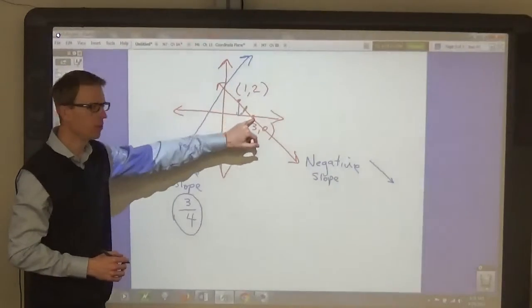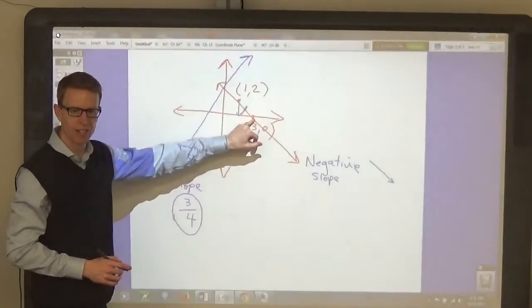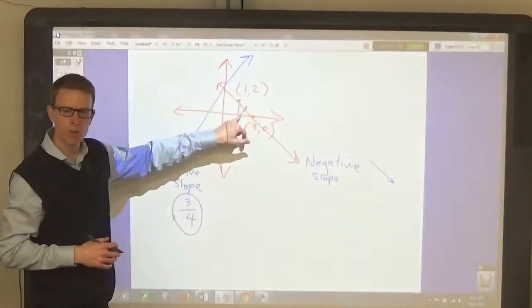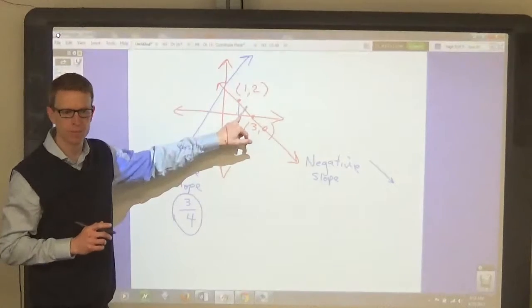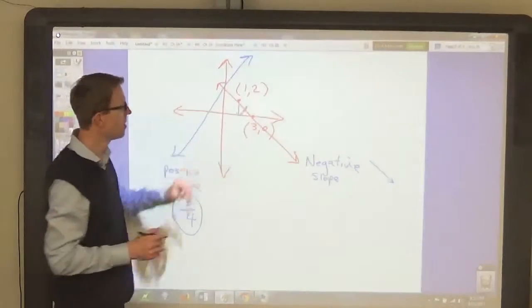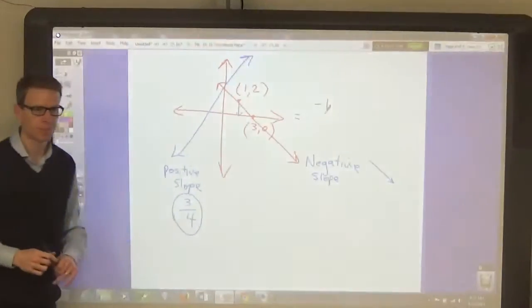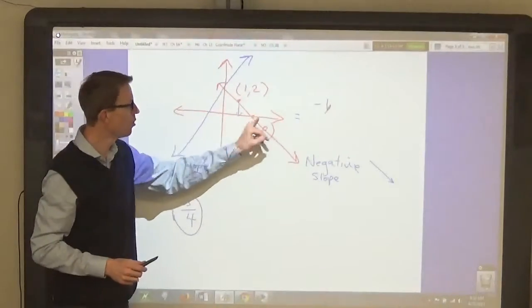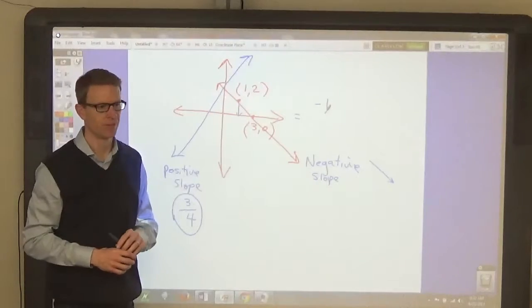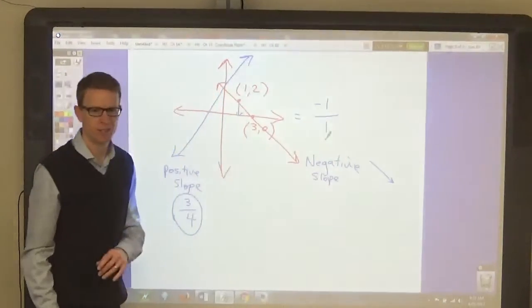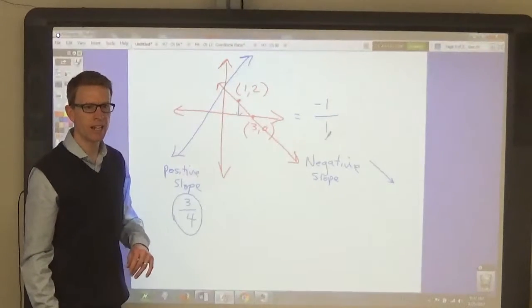So from 1 to 0 is a rise or a move of -1. From 1 to 0. So the first number is -1. Then it goes from 2 to 3. So that's a run of 1, which gives us a negative slope.